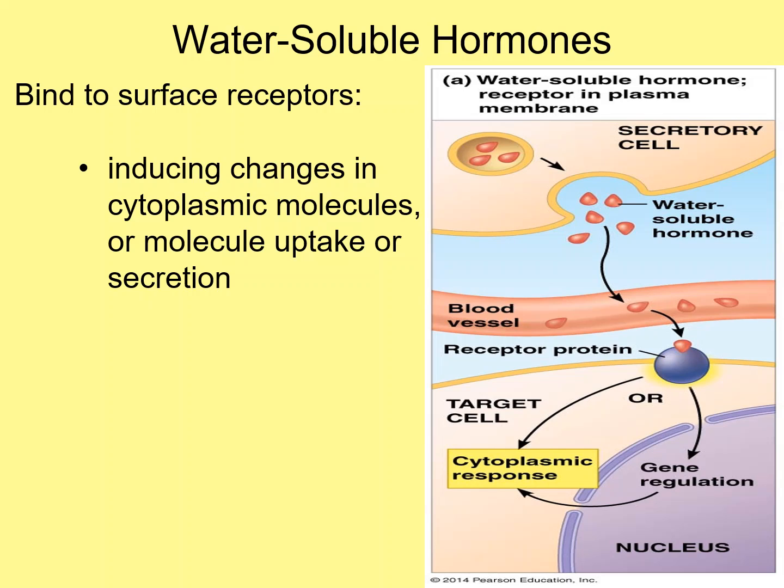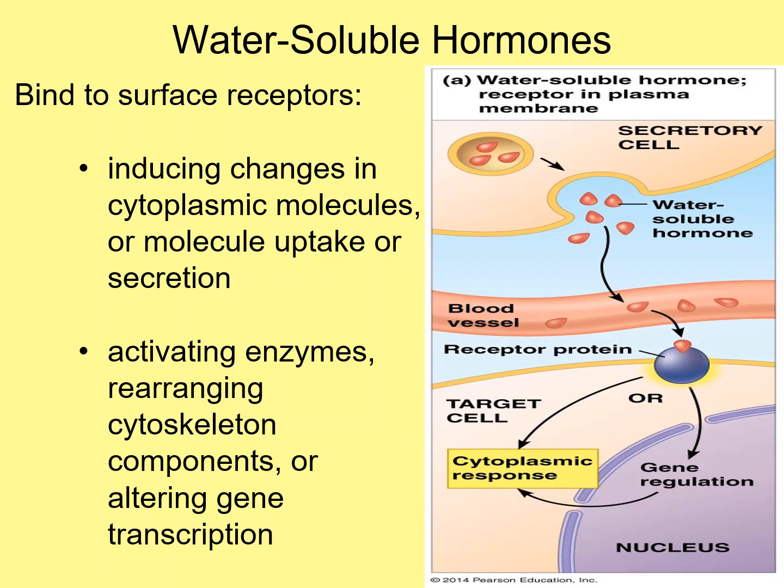Water-soluble hormones can cause changes in gene regulation, typically, again, by binding to receptors on the outside of the cell, and that binding causes changes in the receptor cell protein, which sets off a sort of chain reaction whereby maybe an activator molecule is synthesized or released, which can cross the plasma membrane around the nucleus, right?